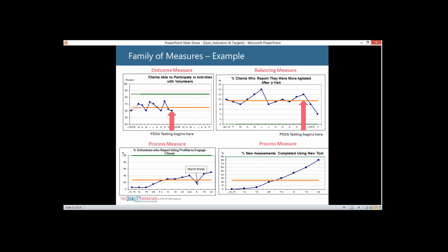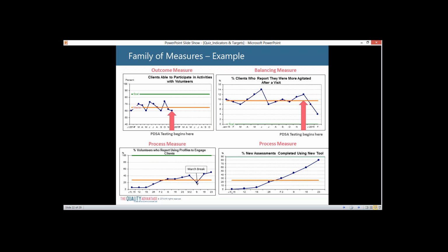So we can see where the baseline is, where the target is, and then we start inputting data and seeing month over month how we're doing on getting close to, if not exceeding, the target. On the balancing measure, you'll see both on the outcome and the balancing measure that we've recorded these data on a monthly basis.